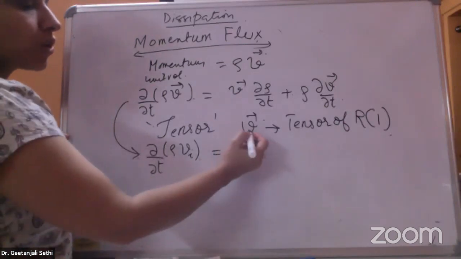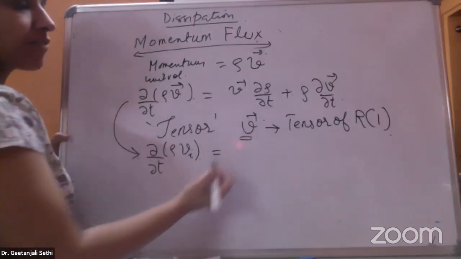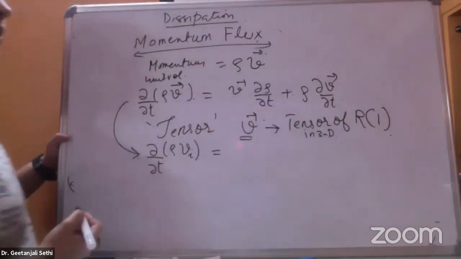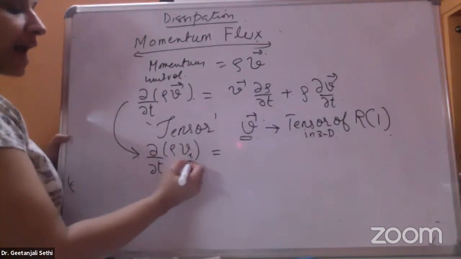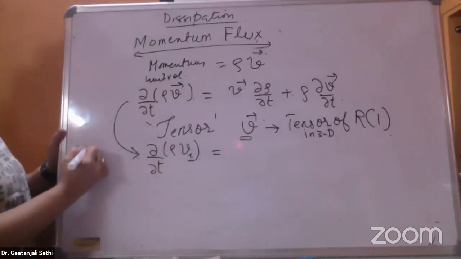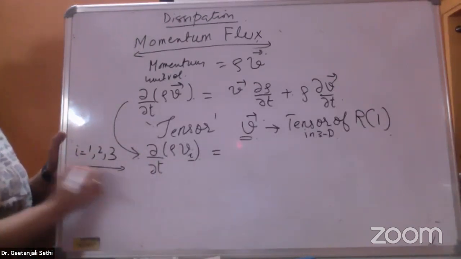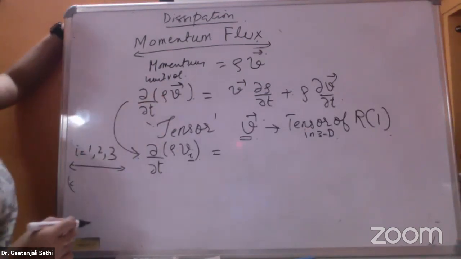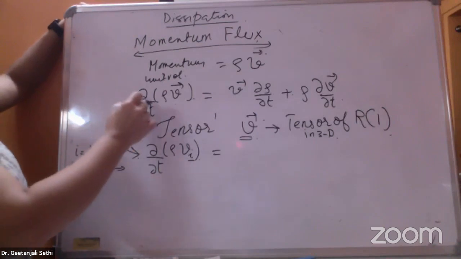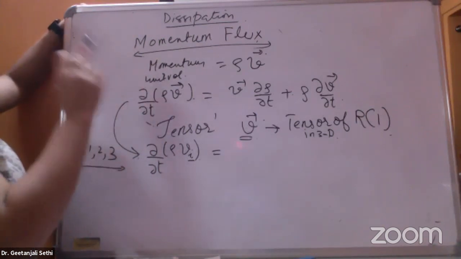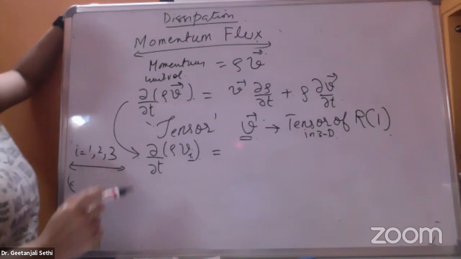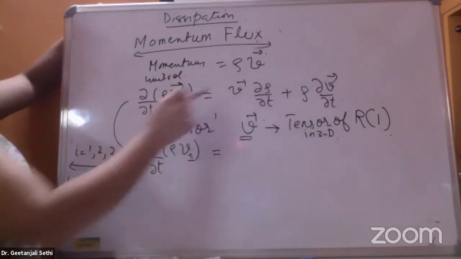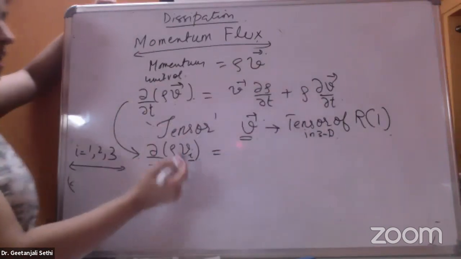This is a vector V, which is a tensor of rank 1 in 3 dimensions, so the index can take the values 1, 2, 3. That's what I understand by a vector equation: it is going to be true for every component of that vector, for Vx, for Vy, for Vz, and hence I write Vi.